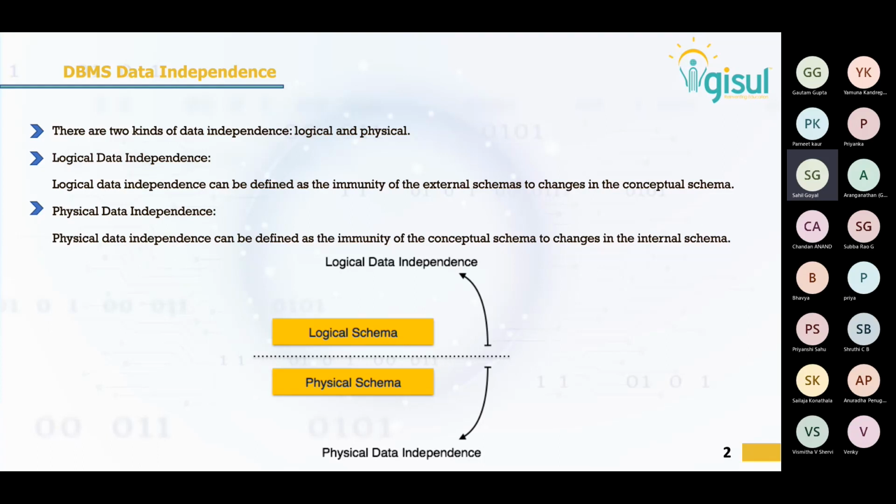We'll talk first about database independence, or basically DBMS data independence. Yesterday, if you remember, we spoke about the logical schema and the physical schema. When I was discussing the logical schema, we decided that the logical schema is the one that defines the logical structure.